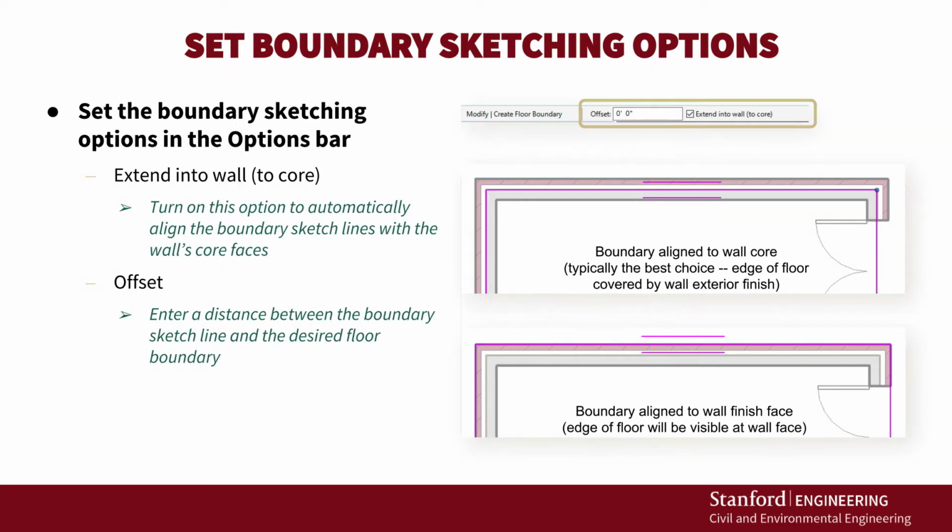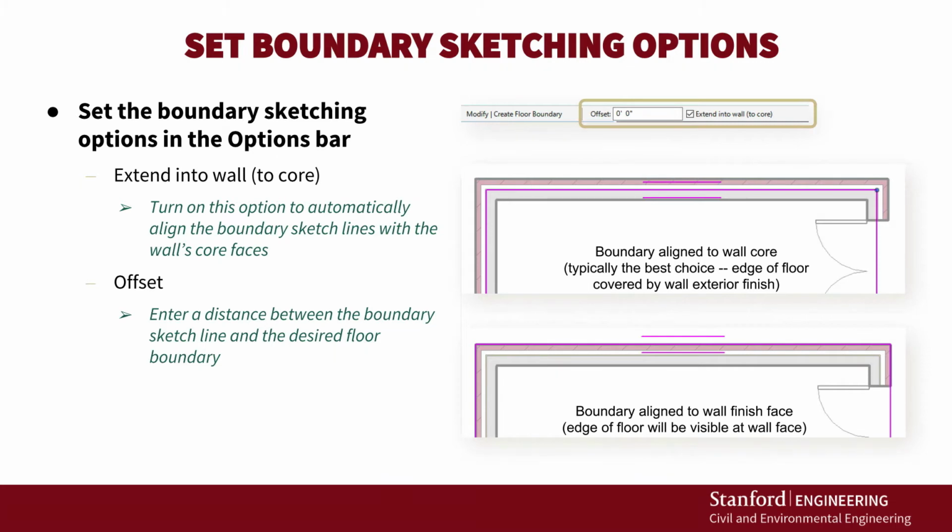If you don't align the floor boundaries to the wall core faces, you may find that the edges of the floor are visible at the exterior surface of your building, and typically we don't want that to happen. So it's much better, typically, to go through and align the edges of the floor to, I'd usually align it to the exterior core face, which would then make the floor sit on top of the structural materials at the core.